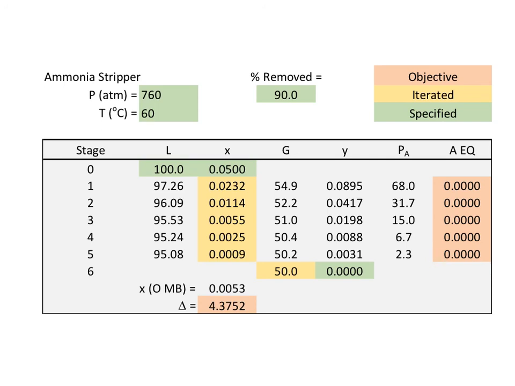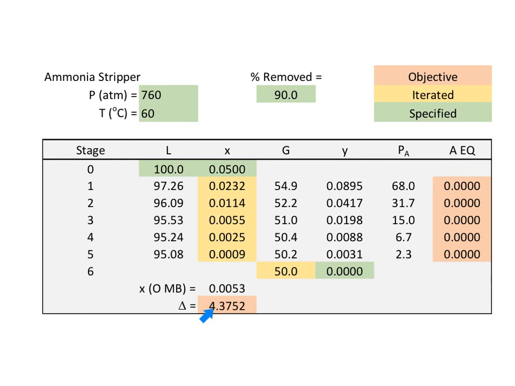Now that is the first pass with the gas flow rate still at 50 moles per second. That's obviously not a very good choice because the stage-by-stage calculation shows a liquid phase composition of 0.0009 mole fraction, whereas the overall material balance would give you a 0.0053 mole fraction.